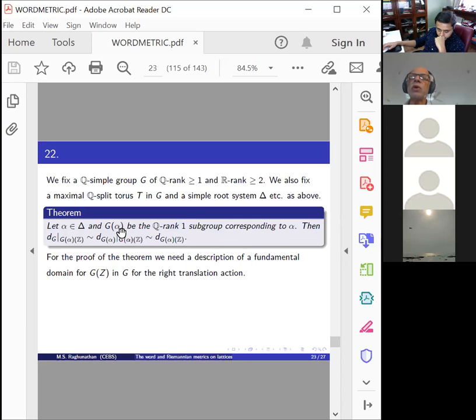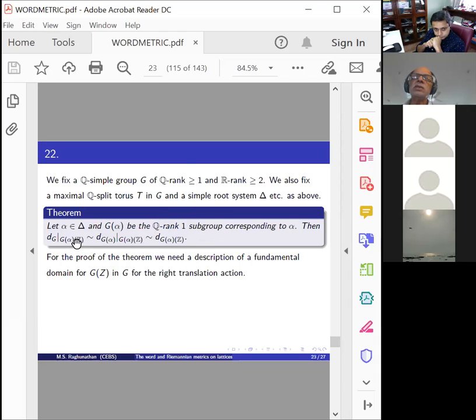P theta I defined for any parabolic group. Look at P alpha: it has two parts, Z alpha and U alpha, and this is more or less the semisimple part of Z alpha. That's what G alpha is. Then the metric on G restricted to G alpha Z is equal to the metric DG alpha restricted to G alpha Z.